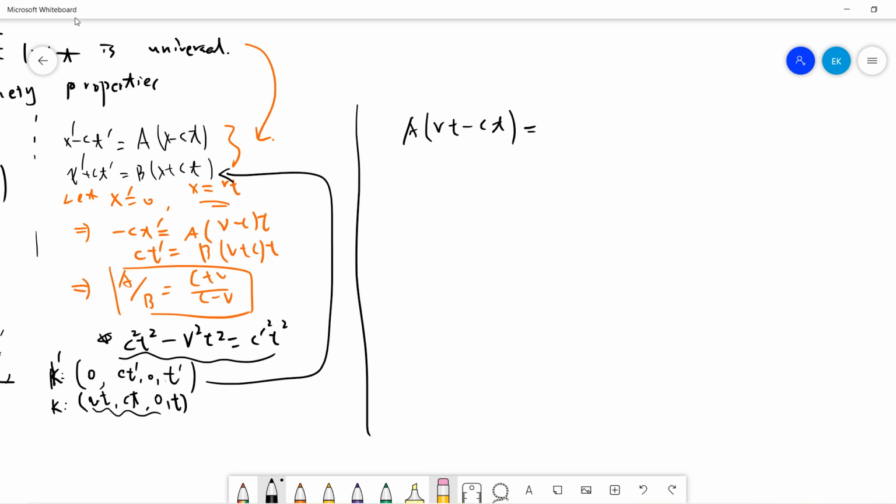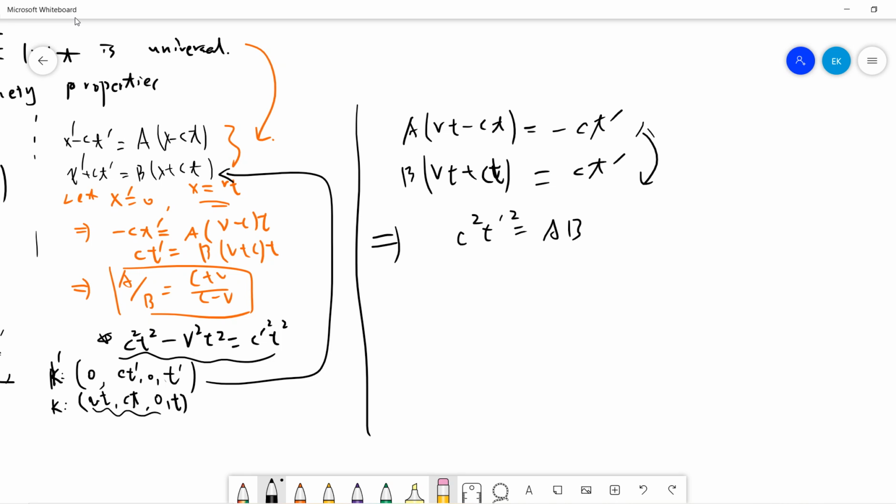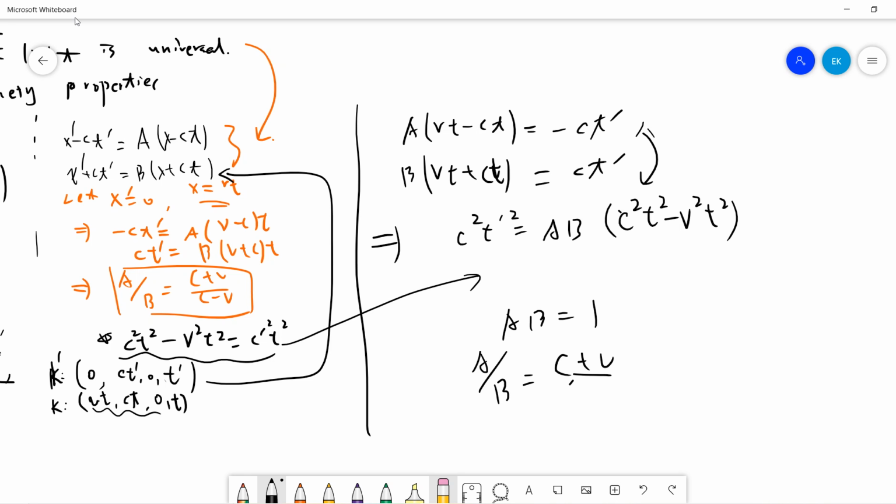Then I also get the other equation. Combining these, multiplying the two equations, we get c squared t prime squared equals ab times (c squared t squared minus v squared t squared). So ab is 1. And then we have a divided by b is (c plus v) over (c minus v). So we have two equations, and then we solve for a and b.